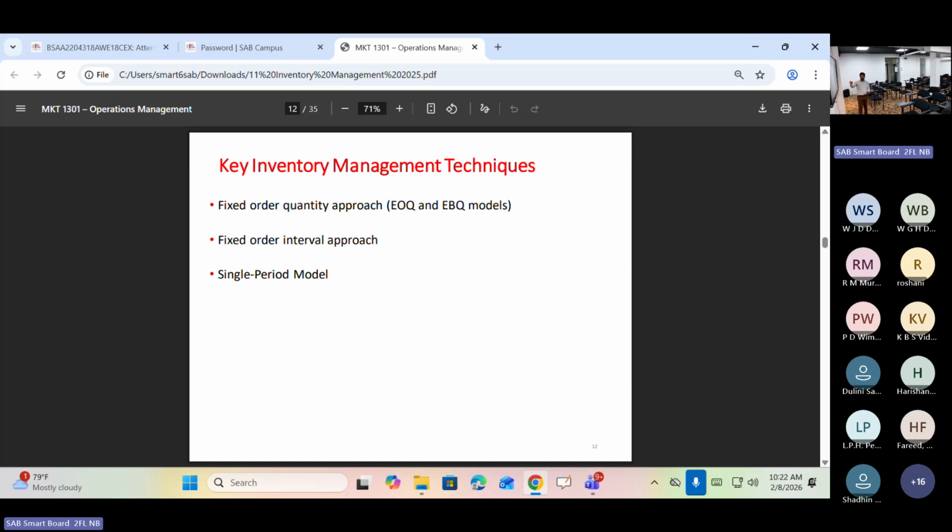We will not discuss those two, but we will discuss the first one, that is called the fixed order quantity approach. That is the most common basic inventory management system that we see. The fixed order quantity approach is known as EOQ models or EBQ models.